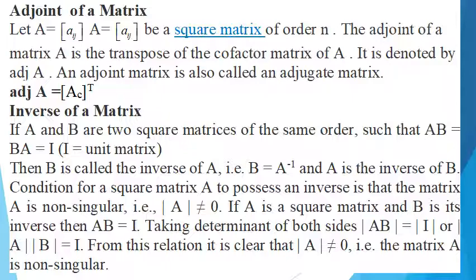If A is a square matrix and B is its inverse, then AB should be equal to I, the identity matrix. Taking the determinant of both sides, determinant of AB is equal to determinant of I, or determinant of A into determinant of B is equal to 1. From this relation it is clear that determinant of A is not equal to 0, that is, the matrix A is non-singular.